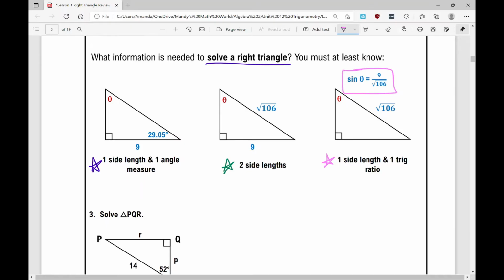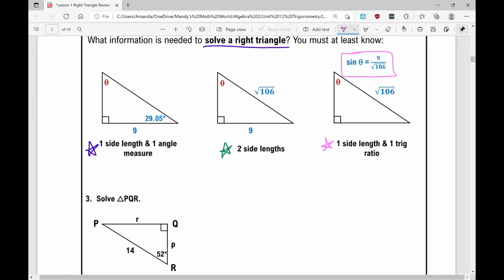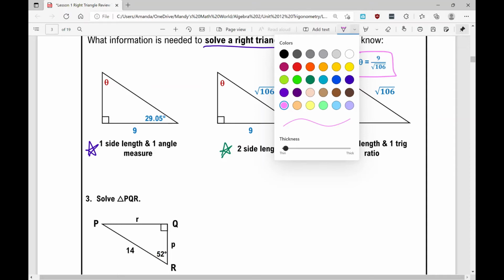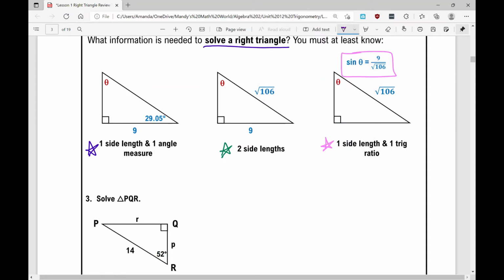It says to solve triangle PQR, right? And that's how we name this triangle. We have the triangle symbol, and then we state the vertices, so PQR. So what do we have in this particular triangle? We know it's a right triangle, and we have the length of one side, which is the hypotenuse, and we have another angle measure.